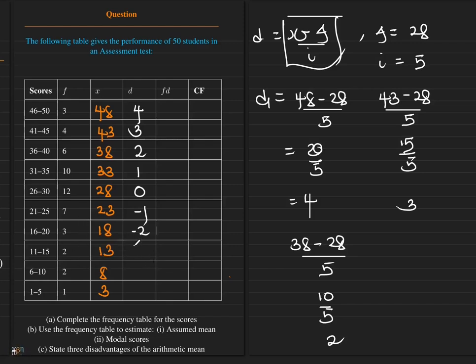Negative 15 divided by 5 also gives us negative 3. Then 8 minus 28 gives us negative 20. Negative 20 divided by 5 gives us negative 4. And then finally, 3 minus 28 will give us negative 25, sorry. Negative 25 divided by 5 will then give us negative 5.